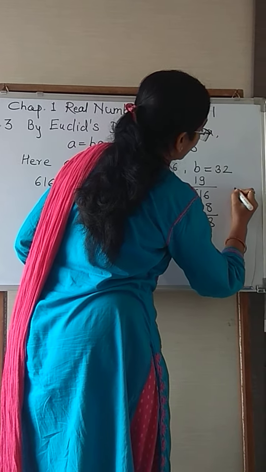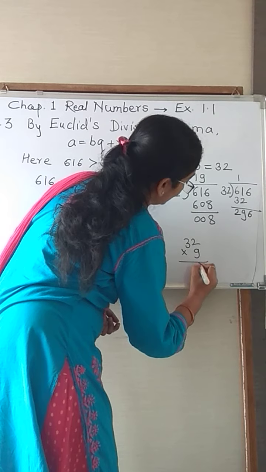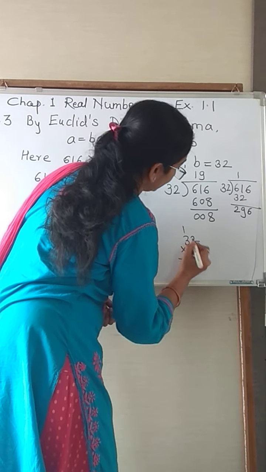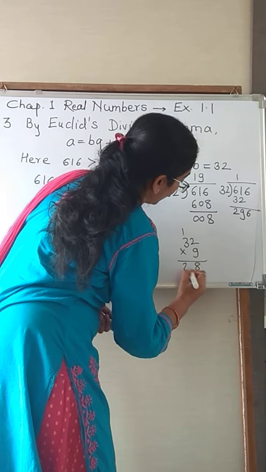Here 32 ones are 32, so here remains 9, and here 2, and here 6. So again divide, here we will get 32 into 9, so 9 2s are 18, carry 1, 9 3s are 27 plus 1, 28.